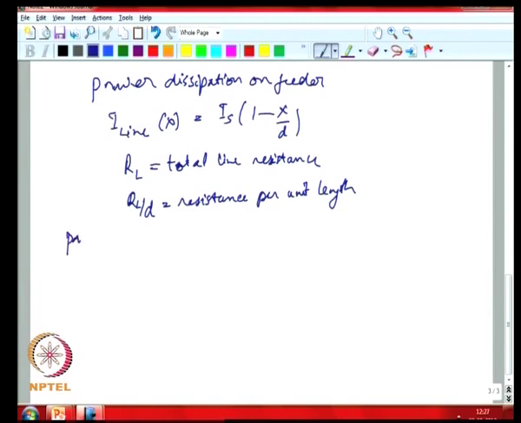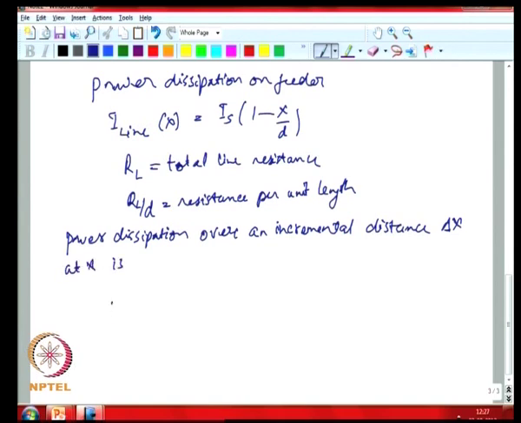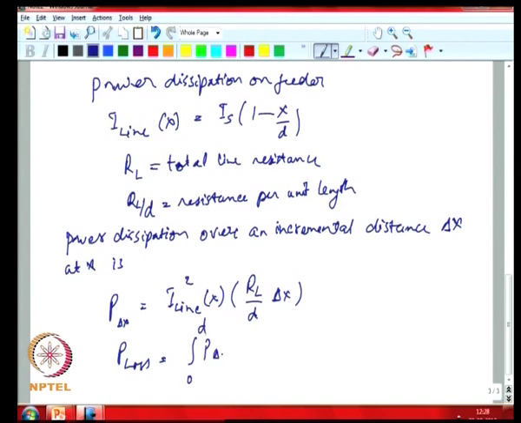Okay. P over that incremental length delta x is I_line squared of x times R_L by d times delta x, which is essentially the resistance of that particular section, and we can then calculate the total loss by integrating P delta x, P dx, over the entire length of the feeder, 0 to d.